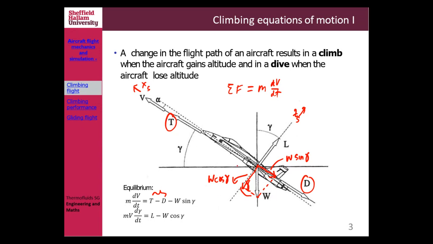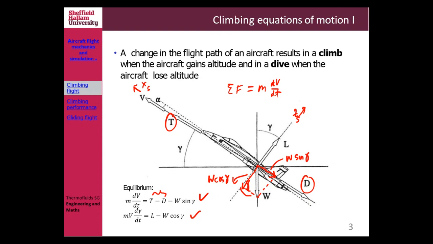So if you look at only the x-axis, then that's what you get, right? So that is m dV/dt equals thrust minus drag minus, because it's also opposite to the thrust, minus W sin gamma.